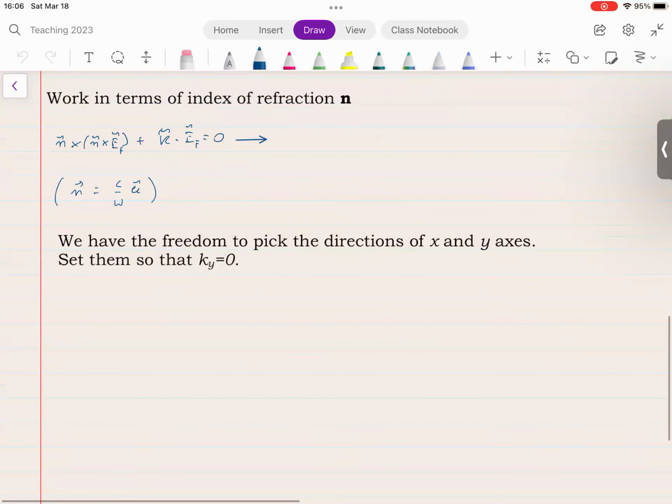Which implies that n is equal to nx, 0, and z.